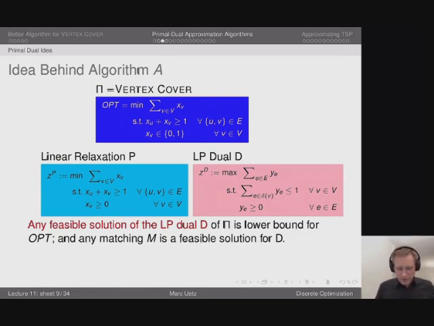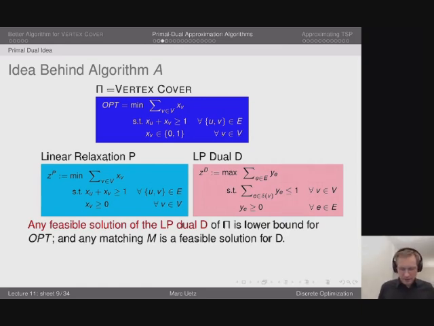And also notice a little warning here that, of course, these are two LP duals of each other, and the optimum values of these LP duals will coincide, but the optimum solutions of these LPs do not necessarily correspond to feasible solutions for the integer problem. So we know that already. We know there is a special class of graphs where this is actually the case, namely where we only have integer optimal solutions, and that was bipartite graphs.